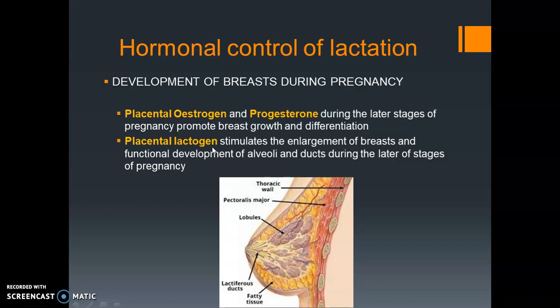These three hormones are produced by the placenta. Estrogen and progesterone cause the growth and differentiation of the mammary gland ducts and also the alveoli during the later stages of pregnancy, and the placental lactogen causes the functional development of the alveoli during the later stages of pregnancy.